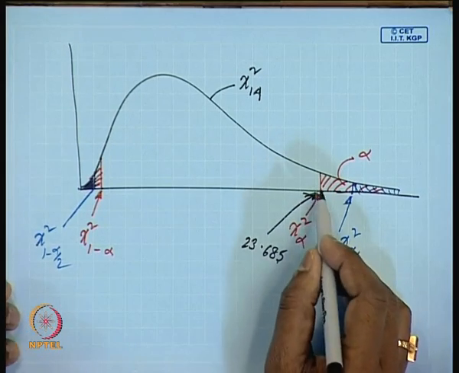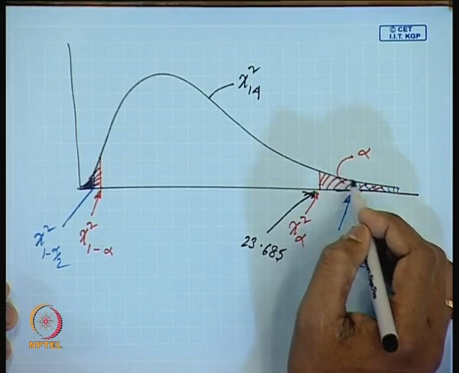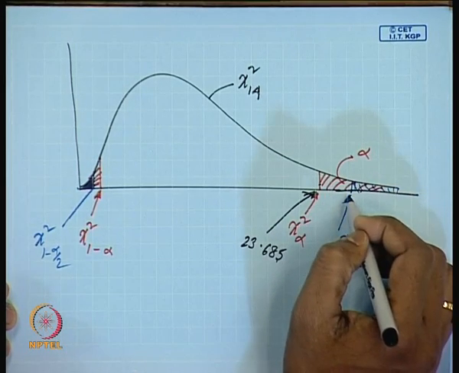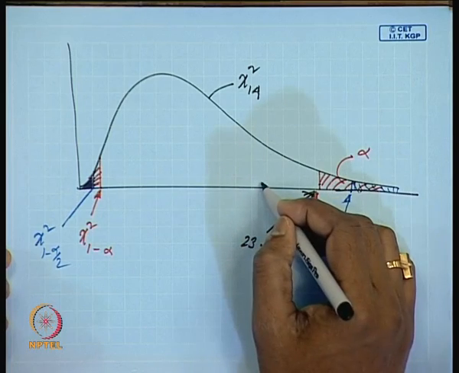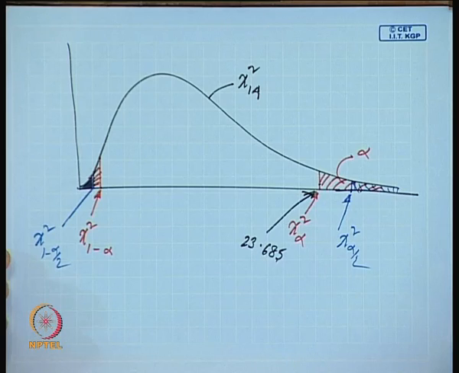If my test statistic falls in this region, you know that this is your critical zone. If the test statistic falls in this zone, then we have to reject the null hypothesis, and if it is below this, we cannot reject the null hypothesis with the sample data available to us.